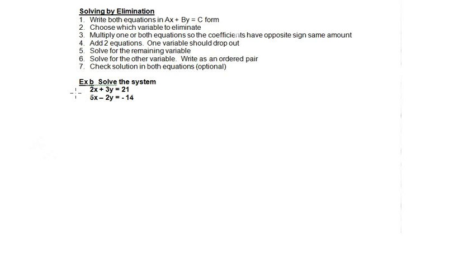And the way that we accomplish this is actually in step 3, to get the coefficients to have opposite sign and same amount. So for example, if I had a positive 4x and a negative 4x, when I add those together, the terms would drop out and then I'd have only y's. Now when we look at these coefficients, 2x and 5x, the only way we can get them to have the same amount would be to multiply and get a common multiple.